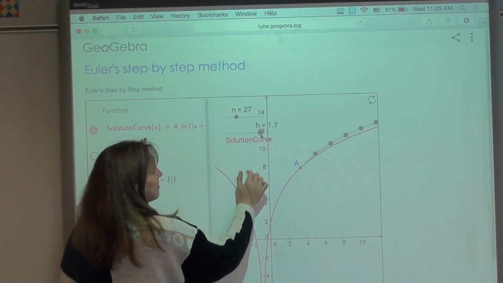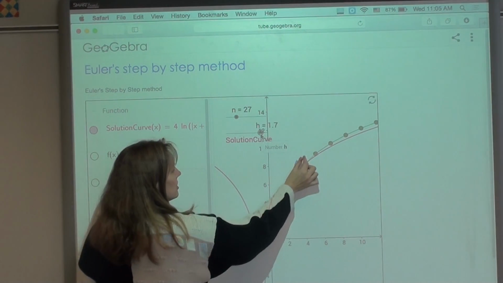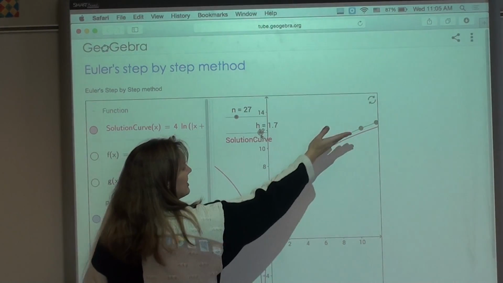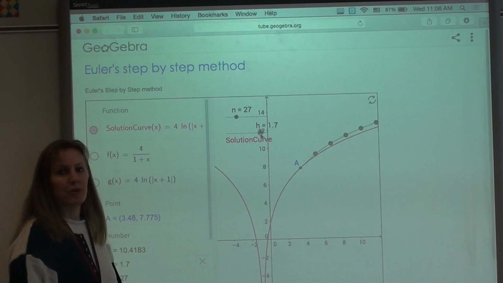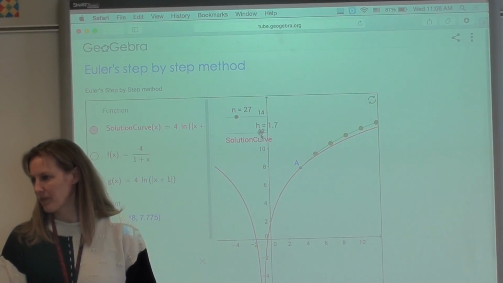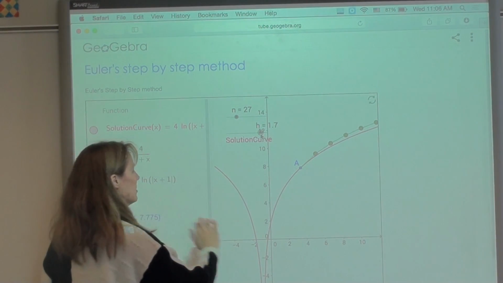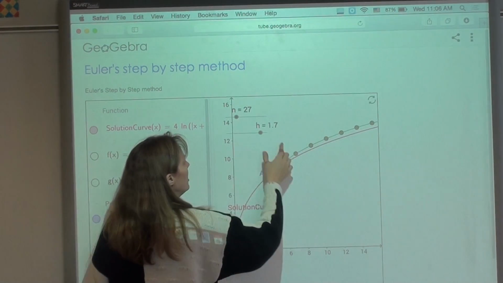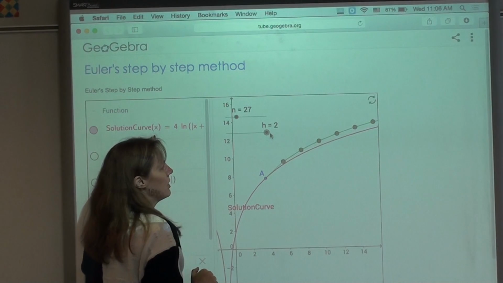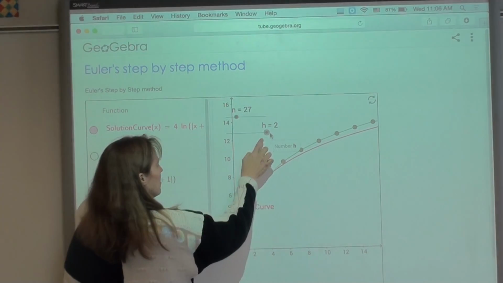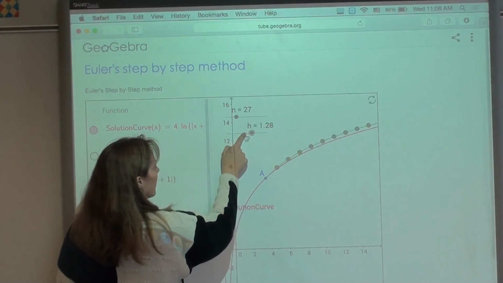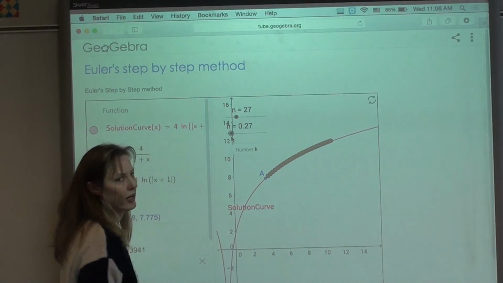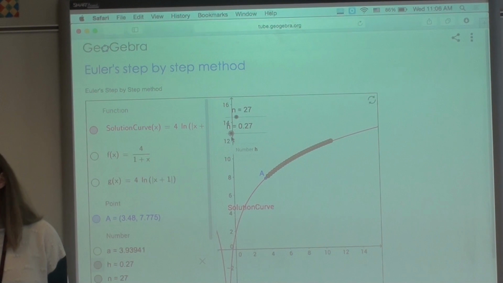If h gets really big, then the points are farther apart, and you end up with a less accurate approximation. So there's your solution curve. The farther apart the h's are, the less accurate the approximation becomes. As the h's get closer together, the approximation is much more accurate compared to the actual solution.